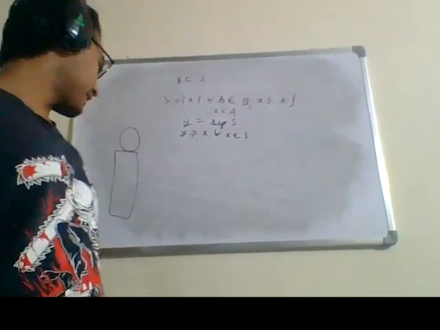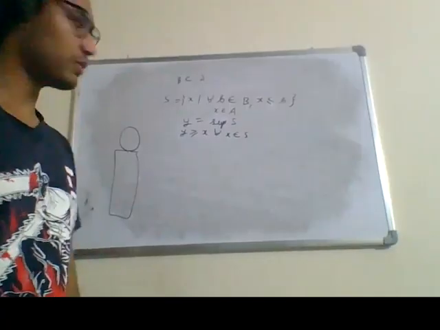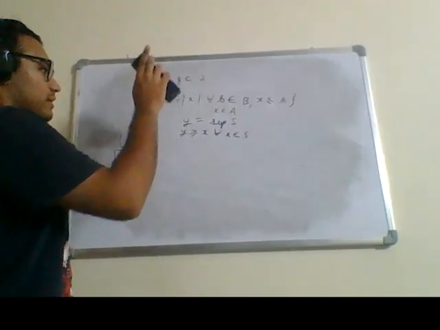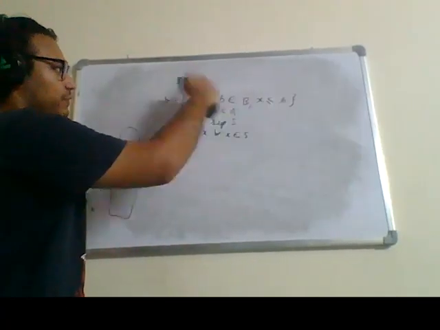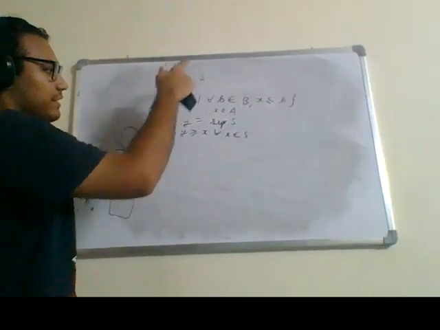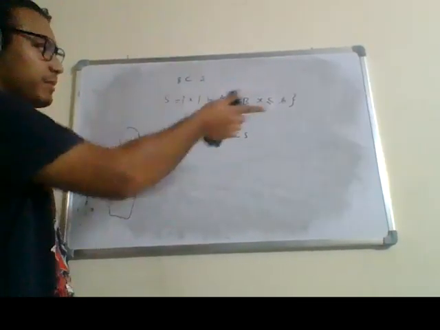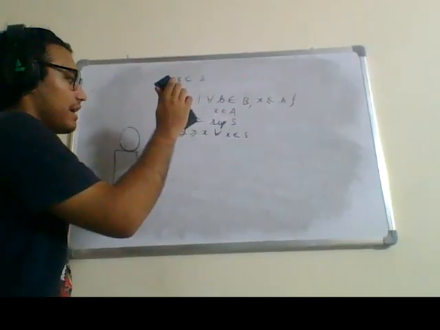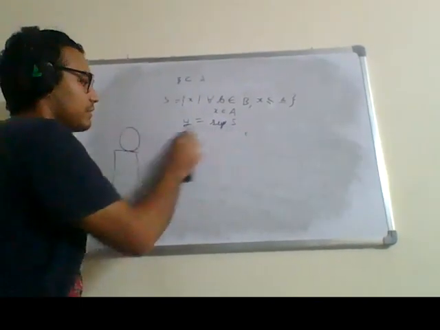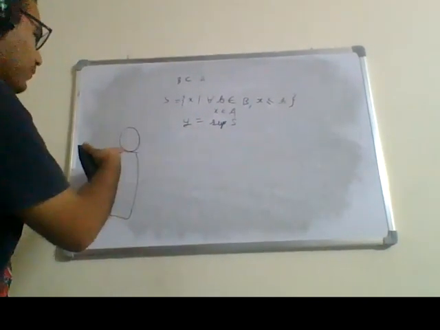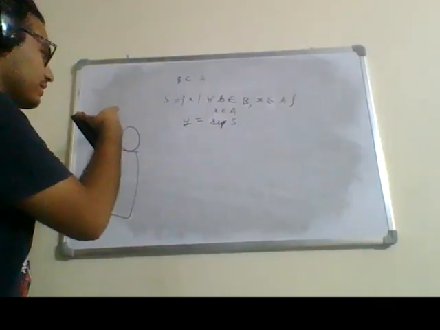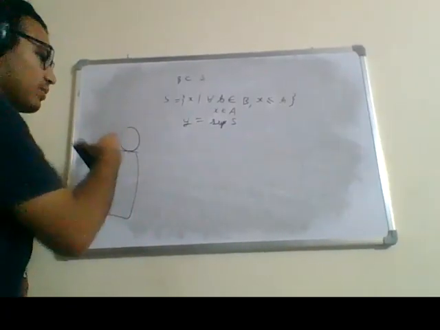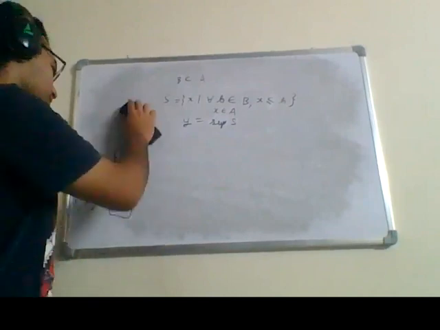So this is the set of all lower bounds of B, and Y is the least upper bound of the set. Now we have to show that this Y is the greatest lower bound of B. That's our goal, right?